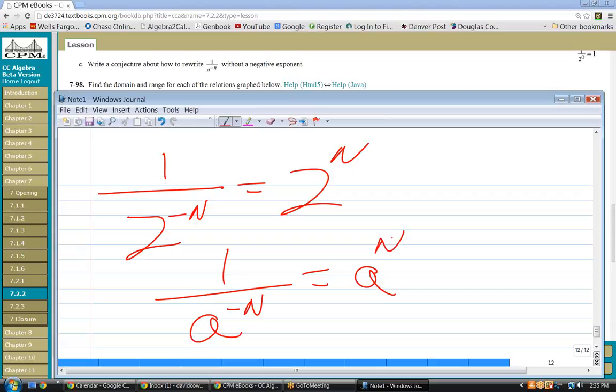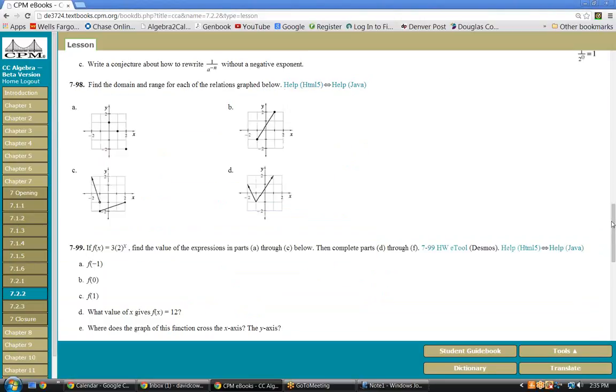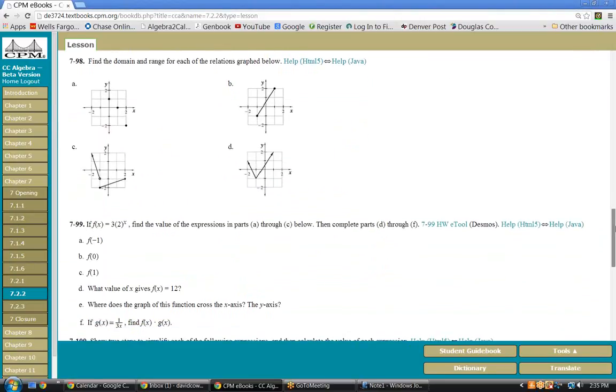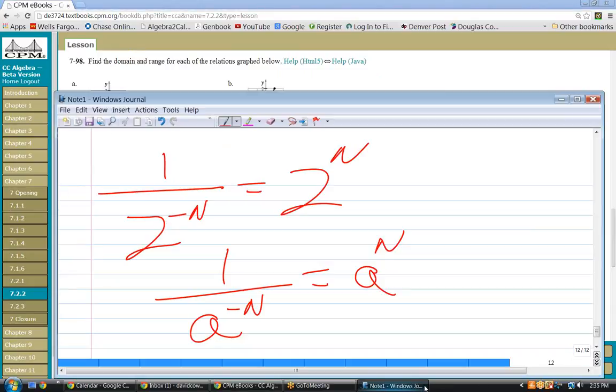So the conjecture would be that if you have a negative exponent, put it on the other side of the fractional line and make it a positive exponent. And that works every time. Okay? I hate questions like this because they require some sort of explanation in English, which is not what math is all about.